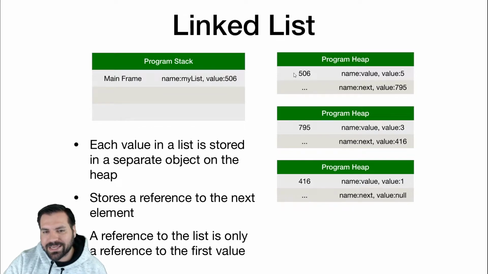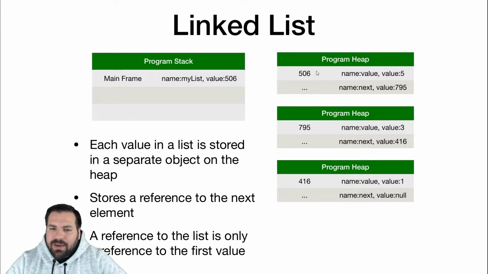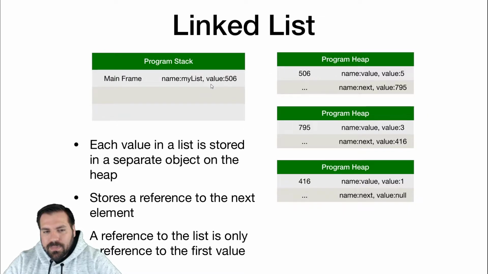I should have my @s. I didn't realize I don't have my @s in here. These should all be @s. Those are memory addresses. So I have the elements of my list. By the way, this is the list. These are anywhere in memory. And I have a reference to the first value in memory. I have a reference to 506. That has the value 5. So 5 is the first value of my list.